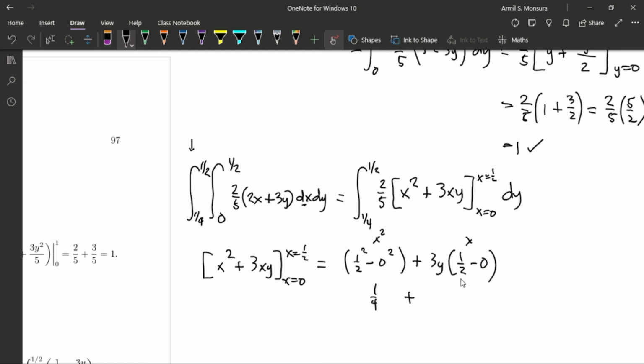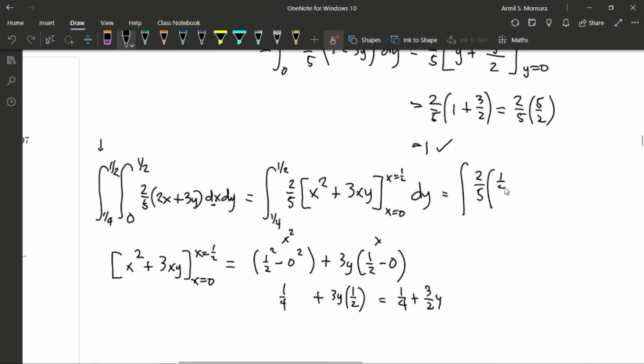Okay, plus 3y multiplied to 1/2. So this is simply 1/4 plus 3/2 times y. Okay, so yun yung ipapalit ngayon natin dito. Okay, so this is now integral of 2 over 5 multiplied to 1/4 plus 3/2 times y multiplied to dy from 1/4 to 1/2. Okay?